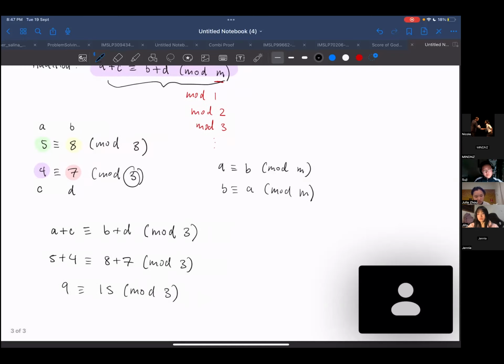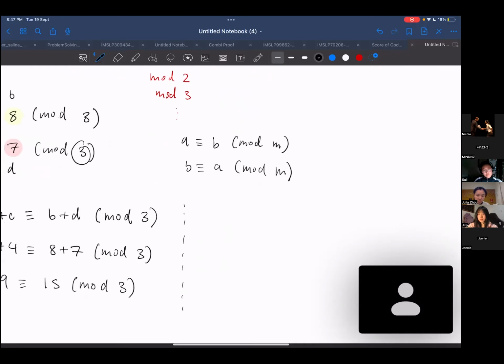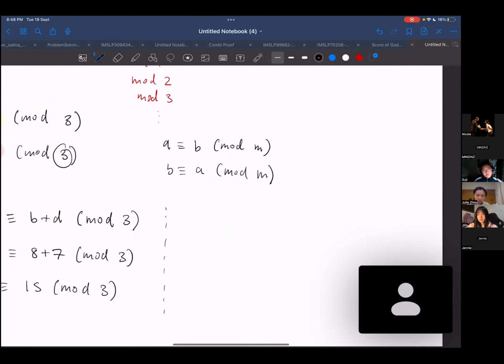For those of you who are fairly familiar with this, I'll formalize this a bit more. So let's say that we're using mod 3. I think it's fine to just suppose that.